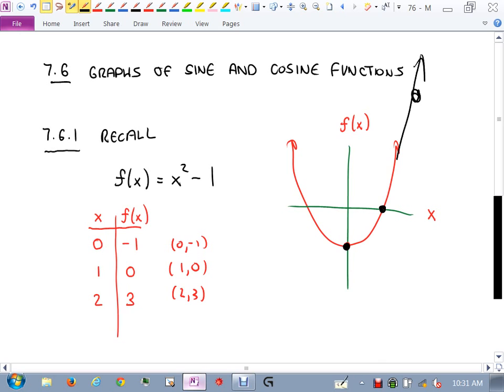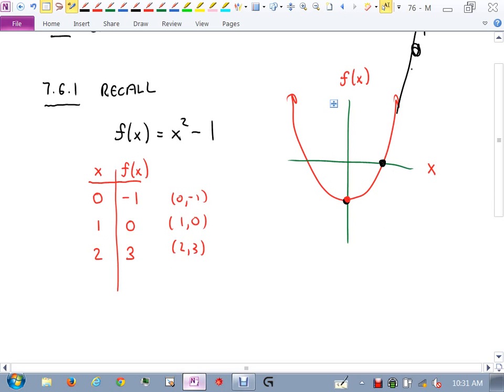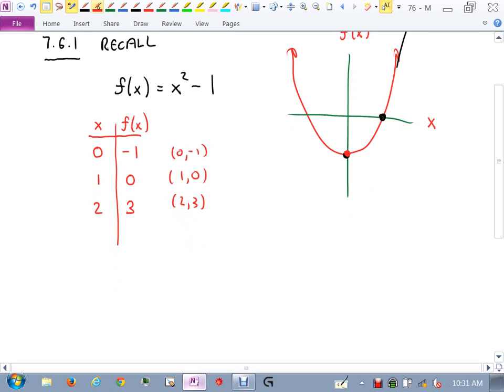Yes? All right, now, if I had changed the problem and said to you, look, everyone, graph f of theta equals theta squared minus 1. It's the exact same graph, isn't it? Except instead of using x, I'm using theta. So theta is like the dummy variable. X is called the dummy variable. We can call it x, we could have called it m, we could have called it t, we could have called it theta.